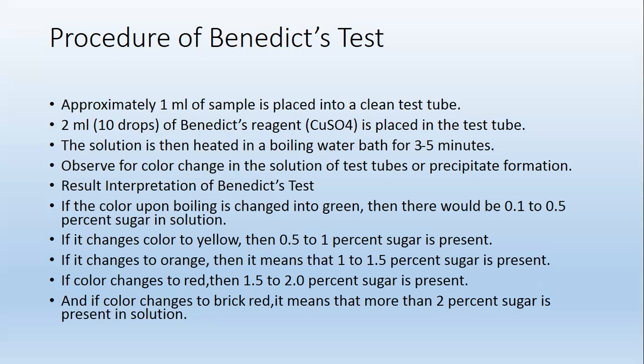If it changes to orange, then 1 to 1.5% sugar is present. And if the color changes to red, then 1.5 to 2% sugar is present. And if the color changes to brick red, it means that more than 2% sugar is present in the given sample.